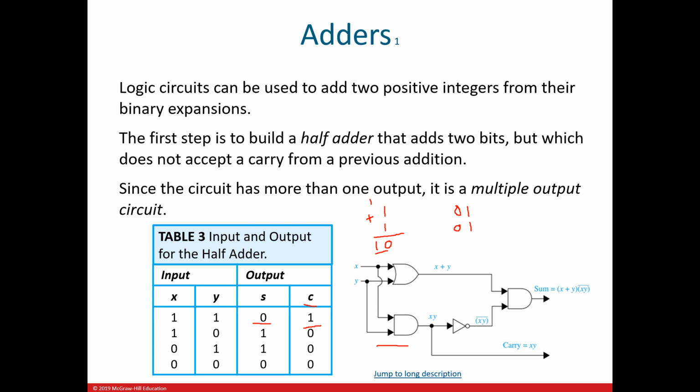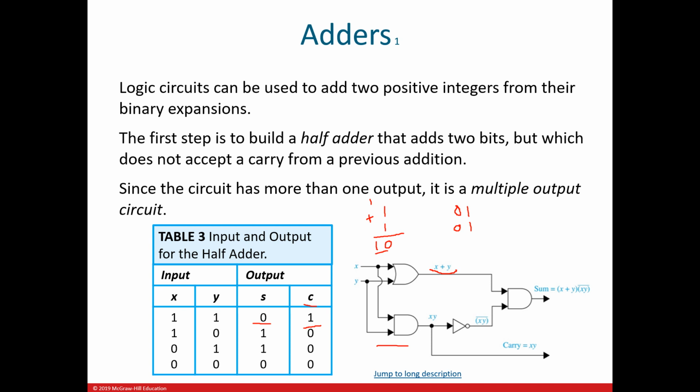So whenever the carryover is not 1, only then is the summation going to be 1. Whenever the carryover is 1, the summation is going to be 0, because we are taking the complement of that and adding it just to manipulate this, because directly it cannot give us the correct summation.